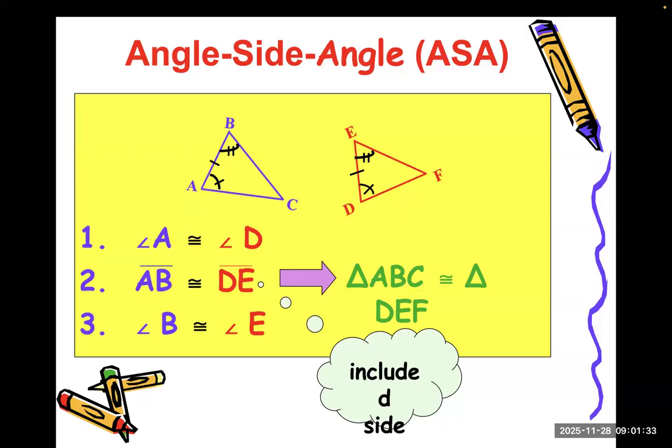Side AB is in between angle A and angle B. In our second triangle, DEF, side DE is in between angle D and angle E. Those are included sides on both triangles, which means we are allowed to use ASA to prove that triangle ABC is congruent to triangle DEF.